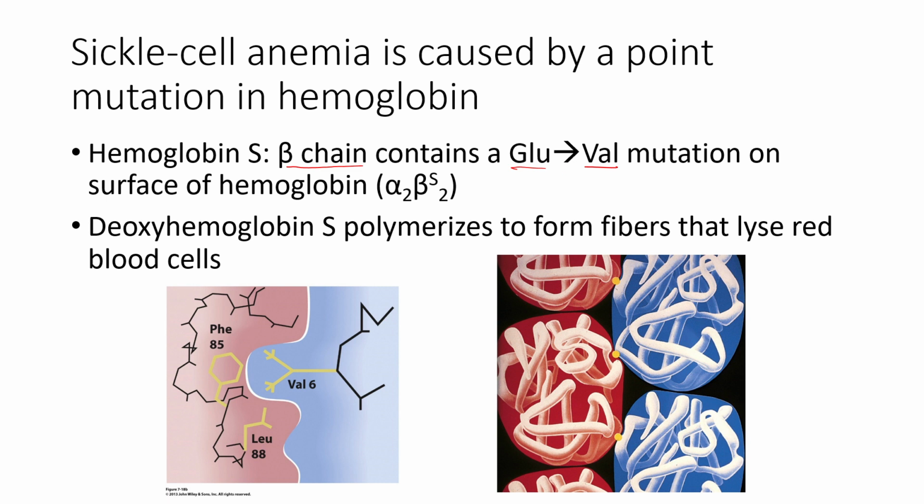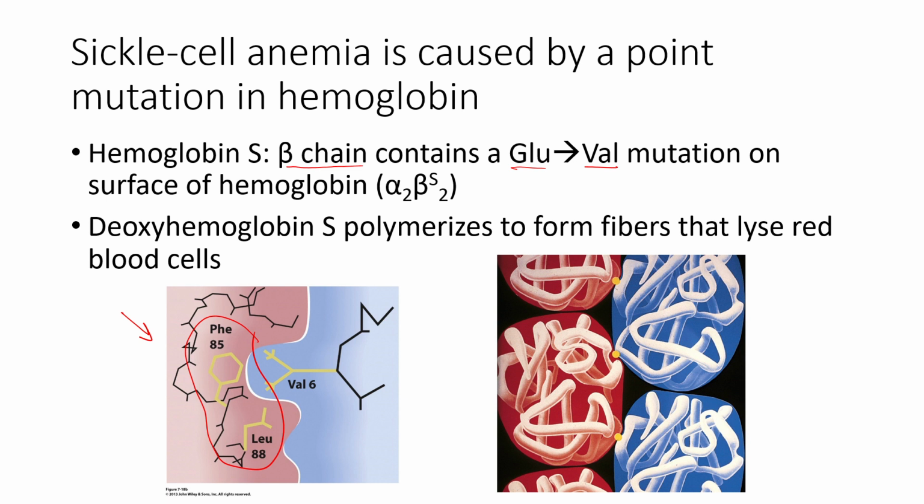And so this particular amino acid is located on the surface of this beta subunit. And this can have a pretty big effect, as you can see down here, where now we have this valine. It interacts with this hydrophobic pocket on another subunit that we see over here, with a phenylalanine and a leucine.